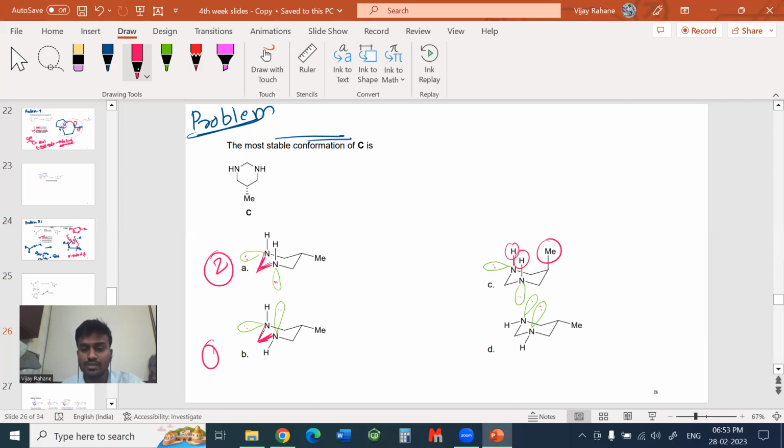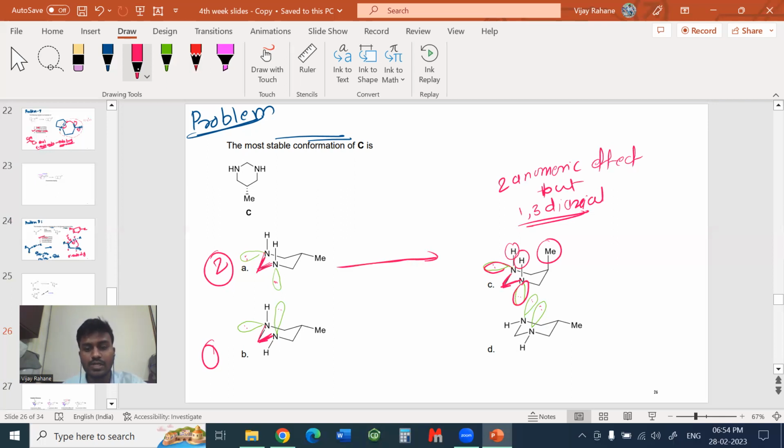right? This 1,3 diaxial interaction is present, although it has the two anomeric effects. Plus, in addition, the 1,3 diaxial interaction is also present here.